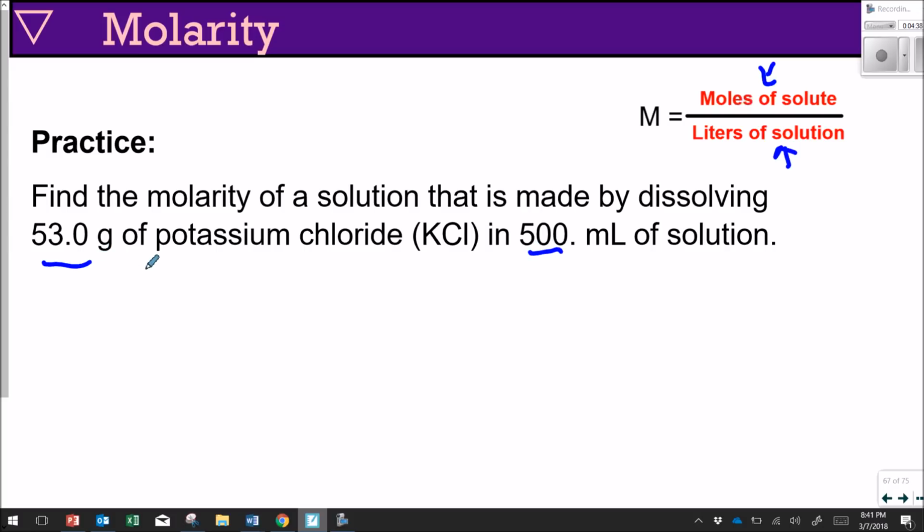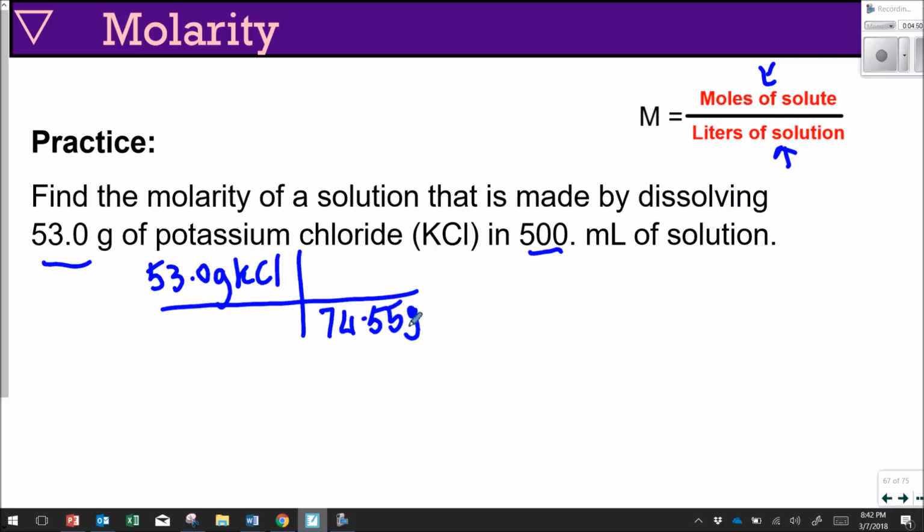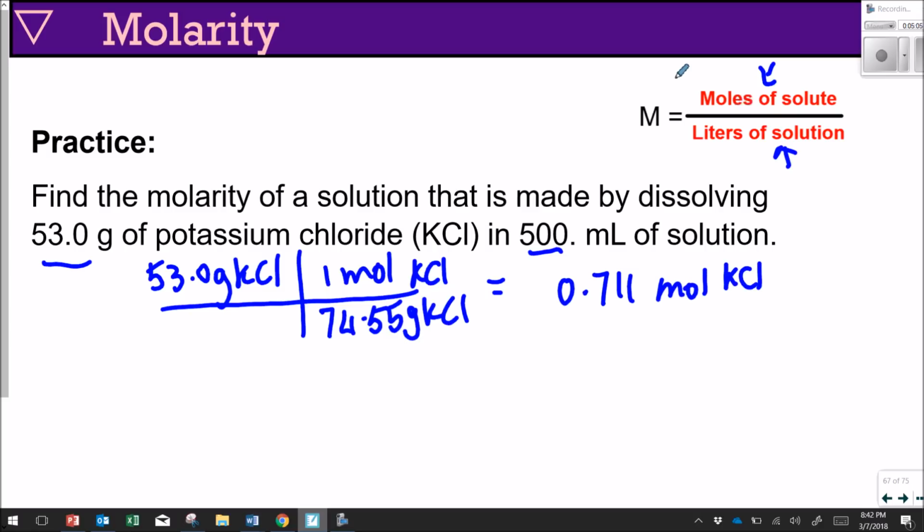So I'm going to convert 53 grams of potassium chloride to moles, and we know how to do that. The molar mass of potassium chloride is 74.55 grams, and that is 1 mole of KCl, and I get 0.711 moles of KCl. So now I have my moles to plug into my formula.